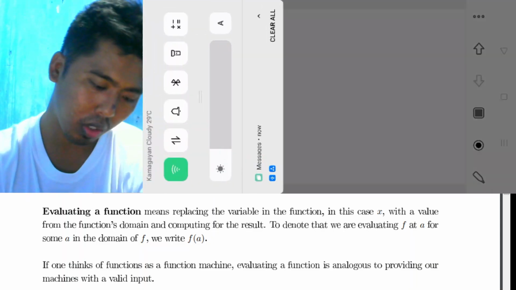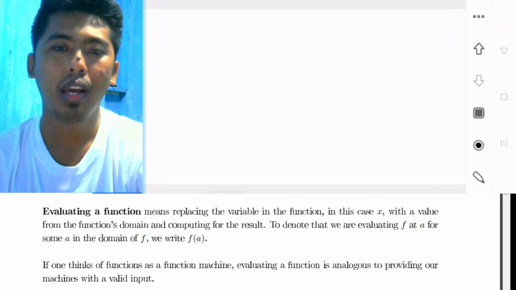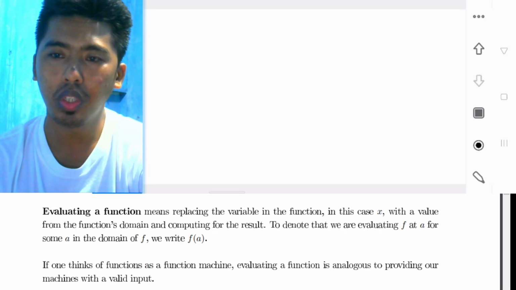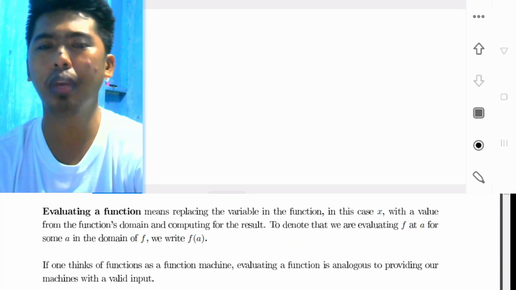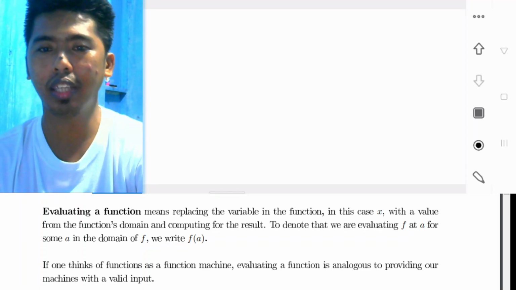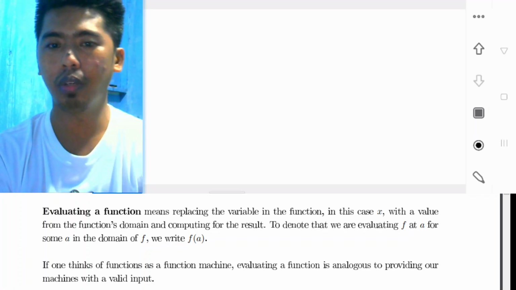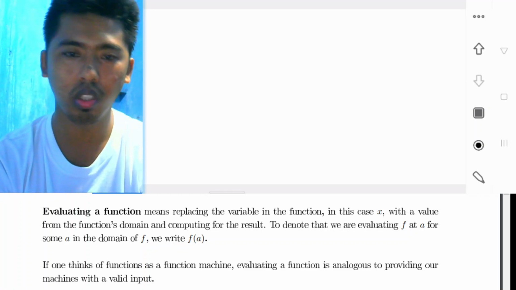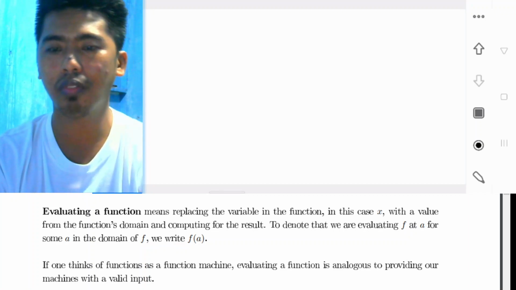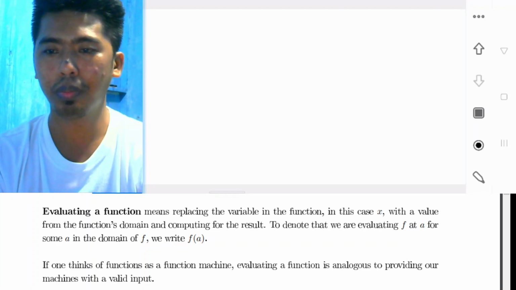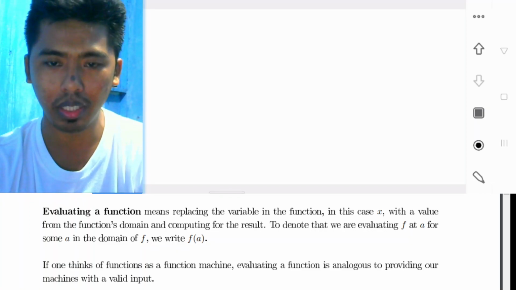To denote that we are evaluating f at a for some a in the domain of f, we write f of a. If one thinks of a function as a function machine, then evaluating a function is analogous to providing our machine with a valid input.